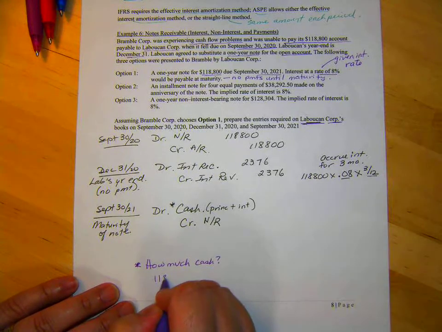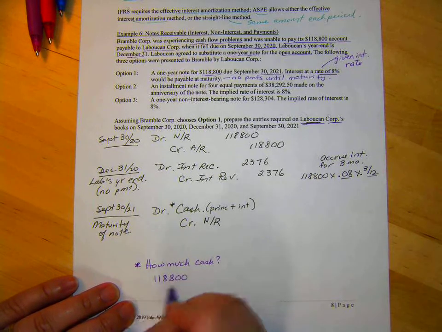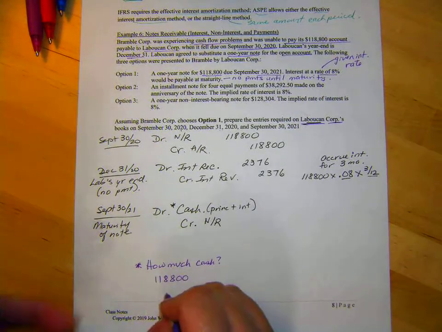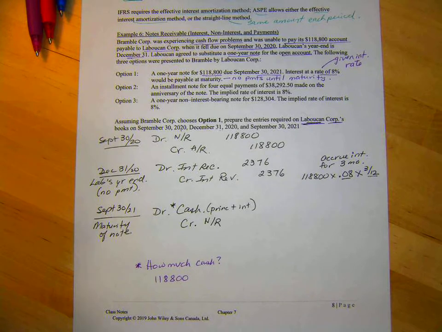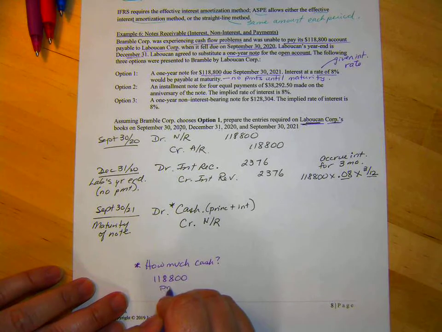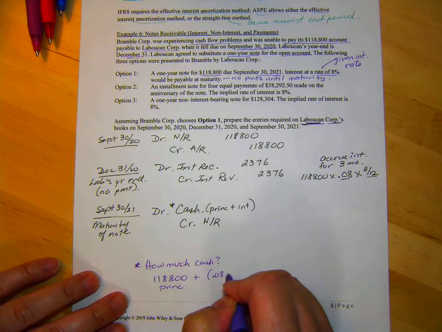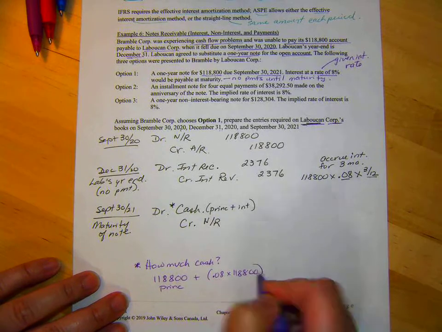Well, $118,800. And what else? That's the principal. Just checking my math was right. So that's the principal plus the interest, which is 0.08 times 118,800.